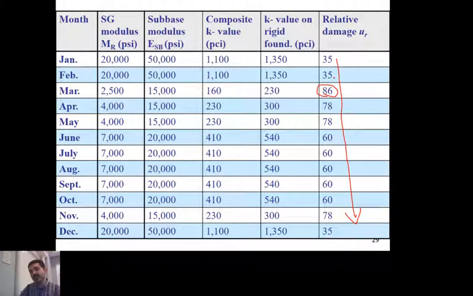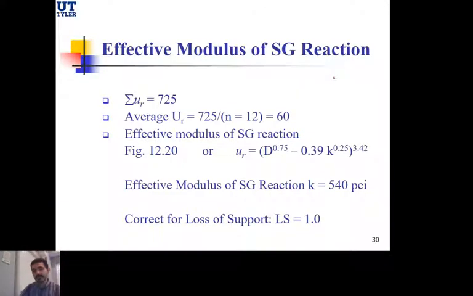And then what we do, which is similar to what we did for flexible pavement, we're going to sum up all the relative damage for the 12 months, which was 725. We're going to divide it by how many observations, which were in this case 12 months, and then we're going to get the average damage equal to 60. So now, since we have the average damage per month, we're going to replace it in this equation.